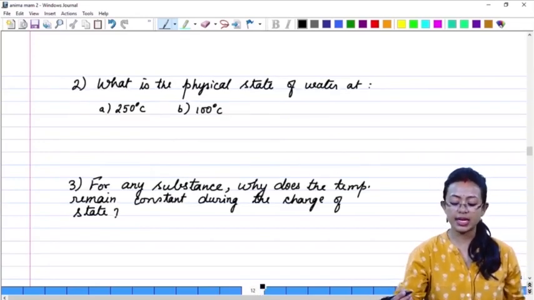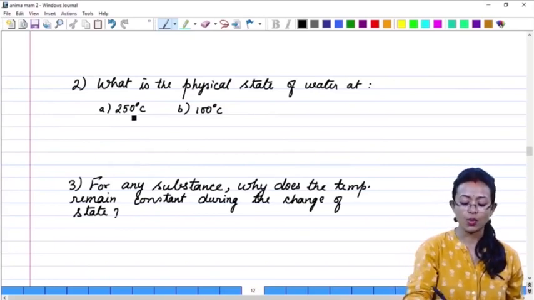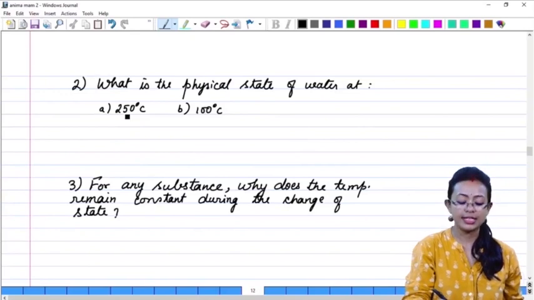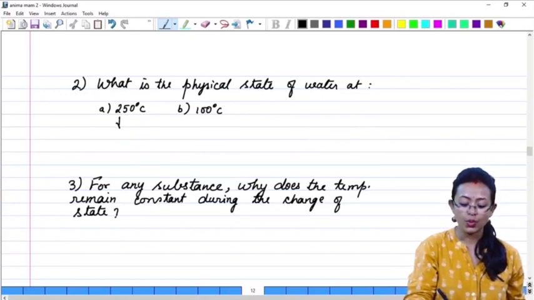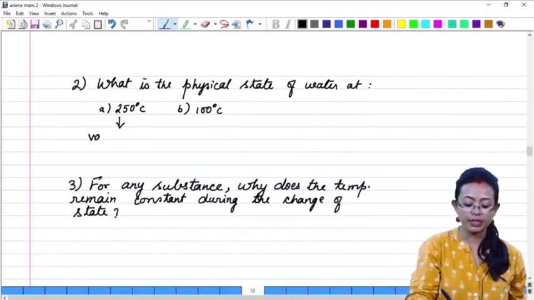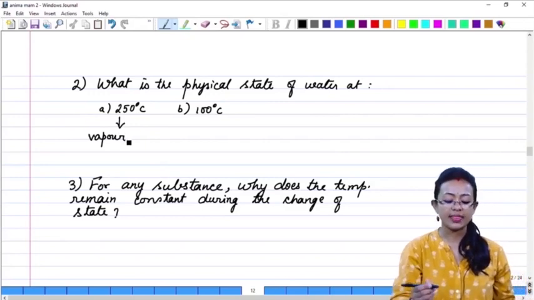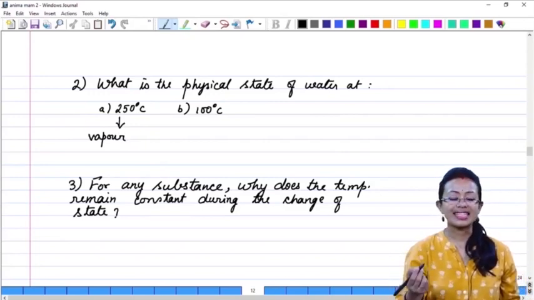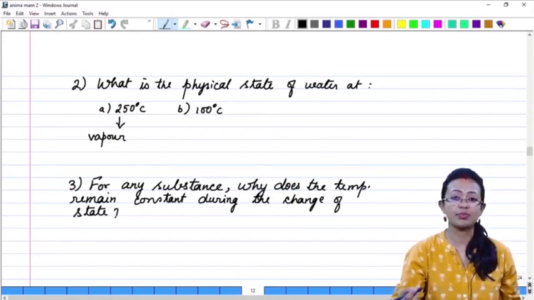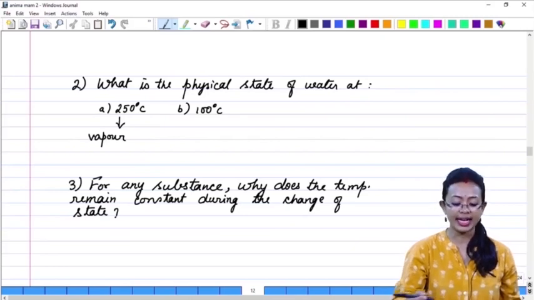What is the physical state of water at 250 degree Celsius? What do you think it would be? Definitely water would be in the vapor state. Why vapor state? Because we know that water gets converted into the gaseous state at 100 degree Celsius. So at 250 degree, it will boil and get converted into the gaseous state.